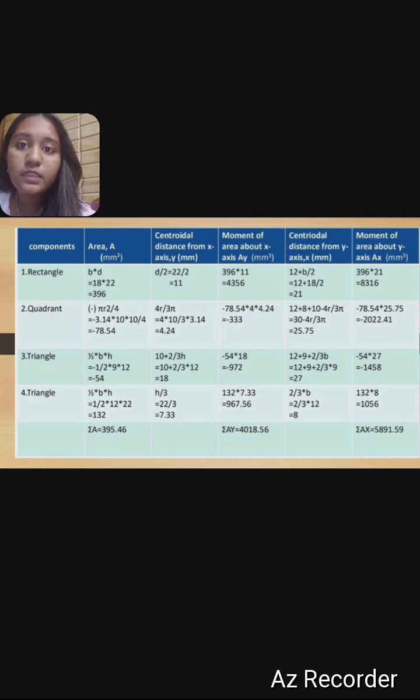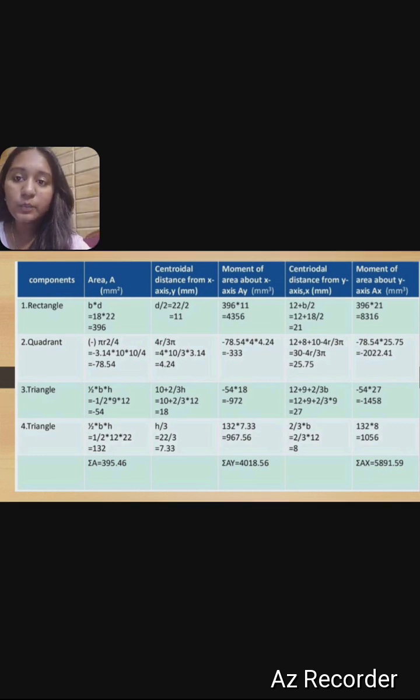Now let's find the centroidal distance from the x-axis, y. Depth by 2 is for the rectangle, that is 22 by 2, and the answer is 11. Now for the quadrant, it is 4r by 3 pi, that is 4 into 10 divided by 3 into 3.14. That gives you 4.24.